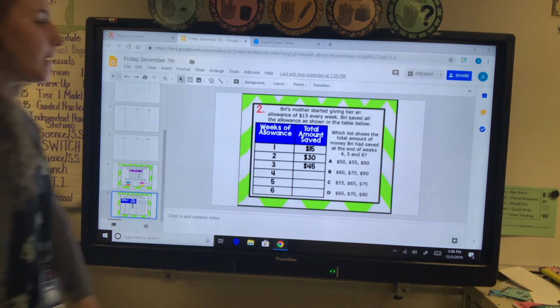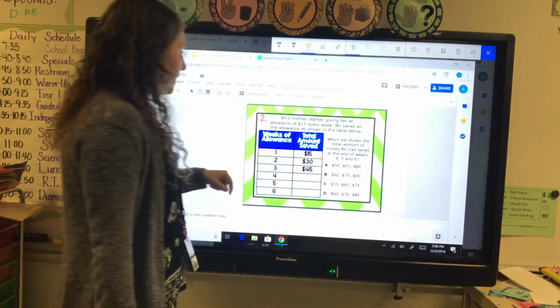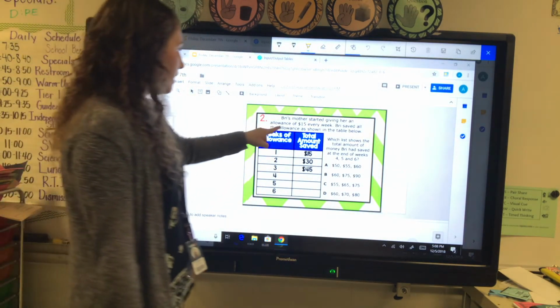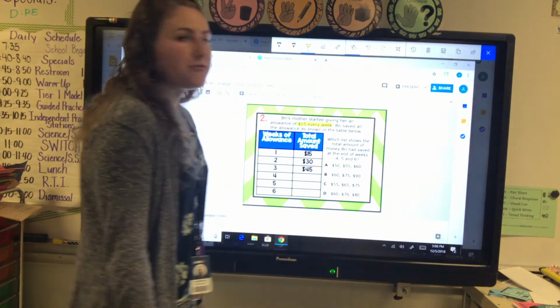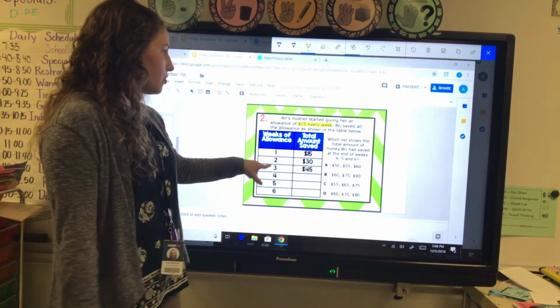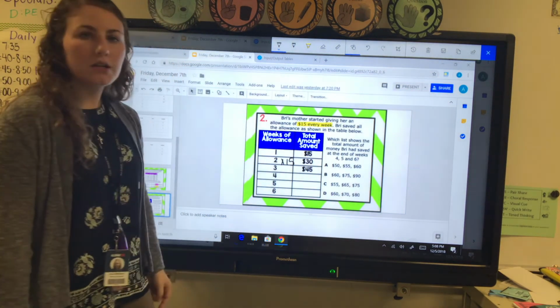Okay. If I look back at my question, I can highlight some information that it already gives me so I don't have to figure out a rule. It tells me that she earns $15 every week. That means at the end of week 2, if I multiply 2 times 15, she's going to get $30.